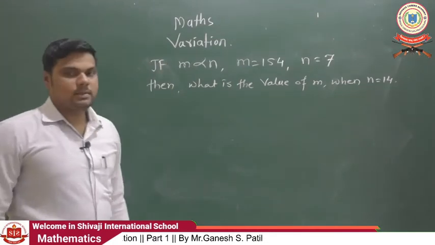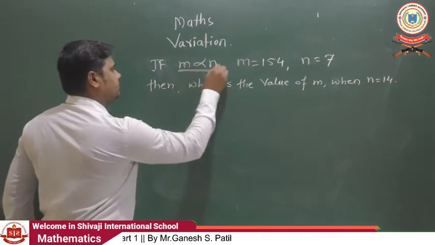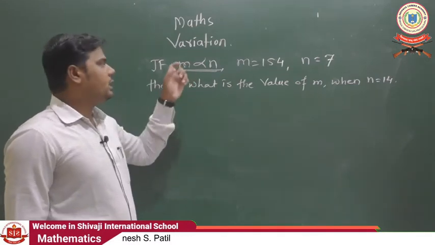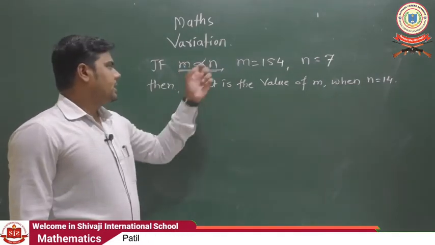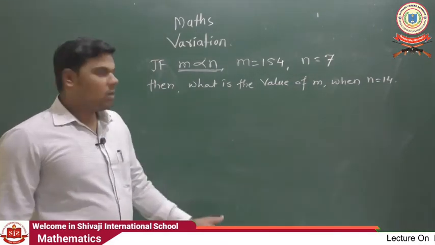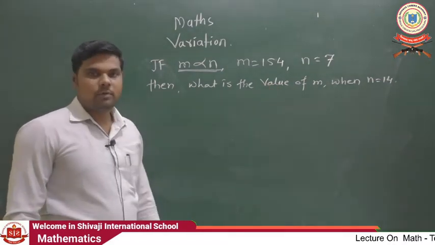This is the example, and here m is directly proportional to n, means if quantity of m is increased, then quantity of n is also increased. But now we are going to find out the value of m.